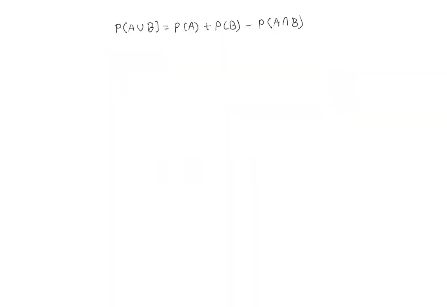And then we went over different ways of calculating probabilities, and you got a good sense of how this addition rule works. Then we talked about disjoint events, for which the intersection is empty.